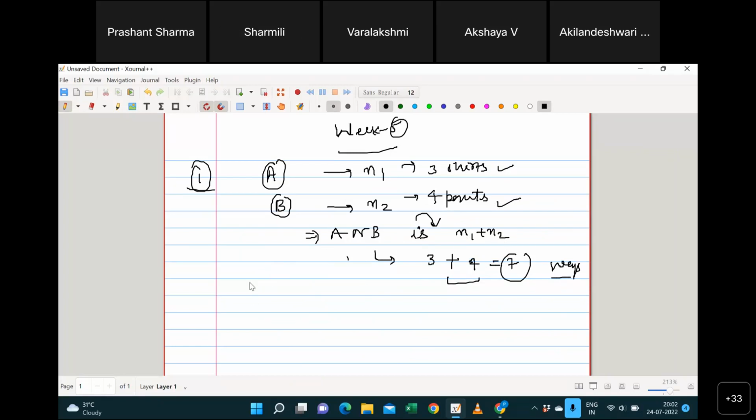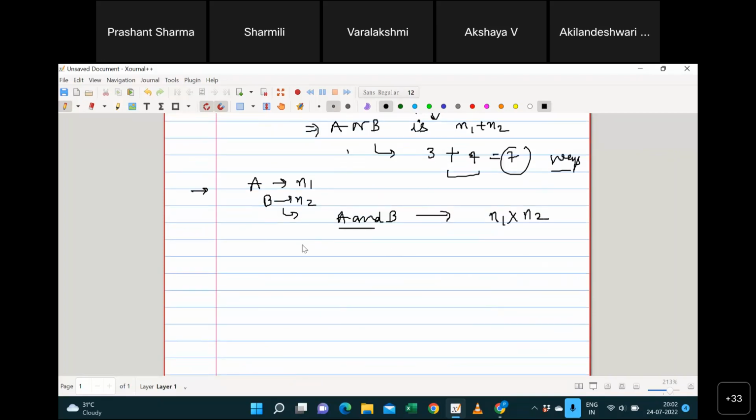Suppose action A is occurring in N1 different ways and B is occurring in N2 different ways, then the number of occurrences for A and B is N1 into N2. Suppose the question is that I can choose a shirt and a pant.